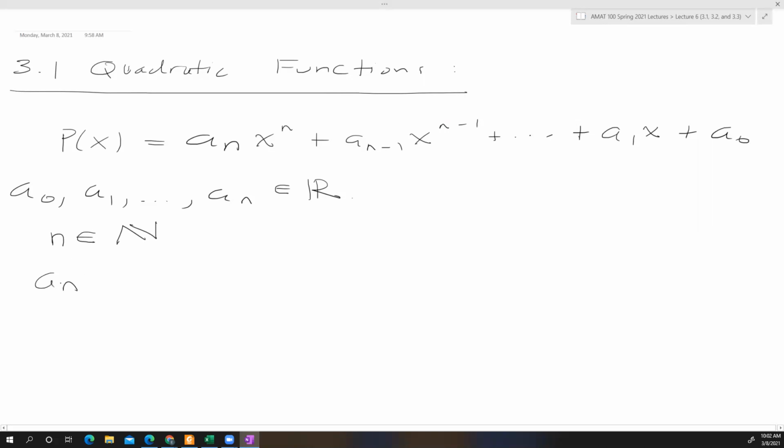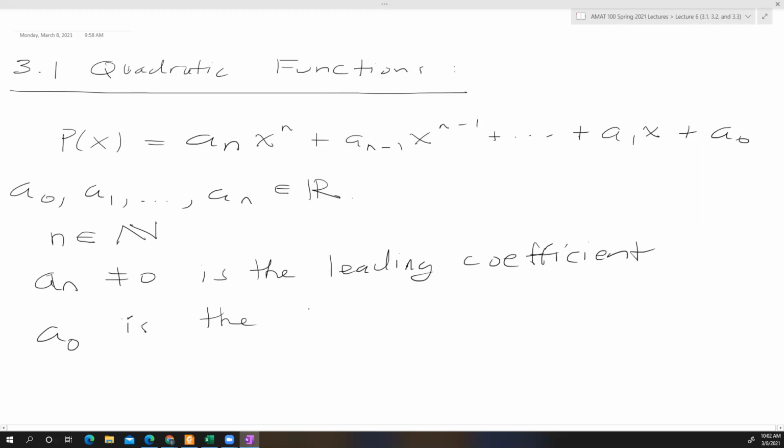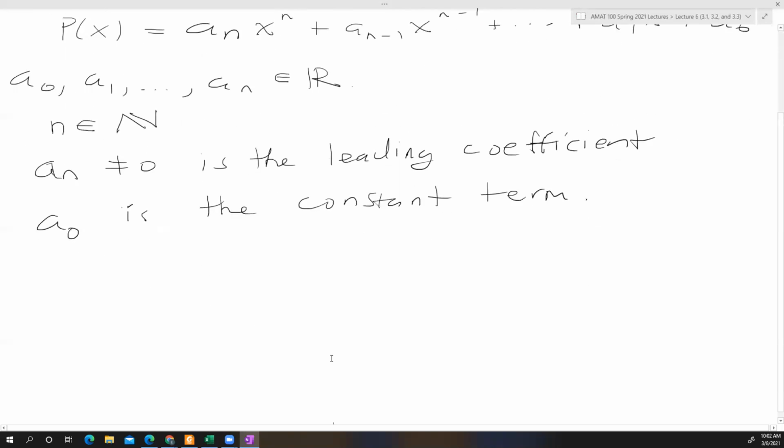So an, which is non-zero, is the leading coefficient. And a naught is the constant term. This is just terminology. So a sub n is a non-zero coefficient called the leading coefficient. And a sub 0 is called the constant term.